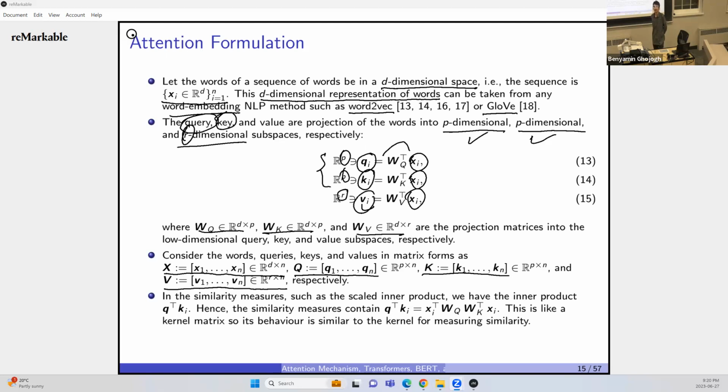Because I don't want to use the word2vec embeddings directly. I want a transformation of them, because maybe after a transformation they get better, and I'm going to learn them by backpropagation. And as I said, q_i transpose k_i can also be seen as a kernel, because a kernel matrix also measures similarity.